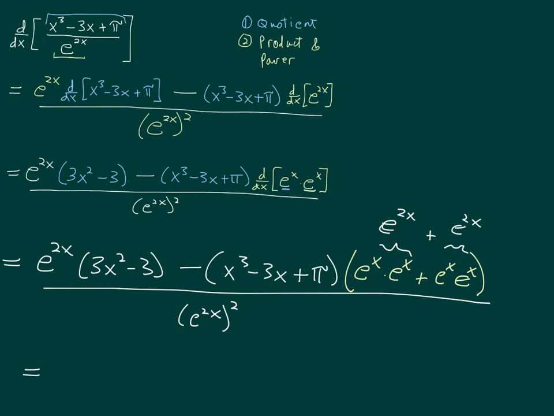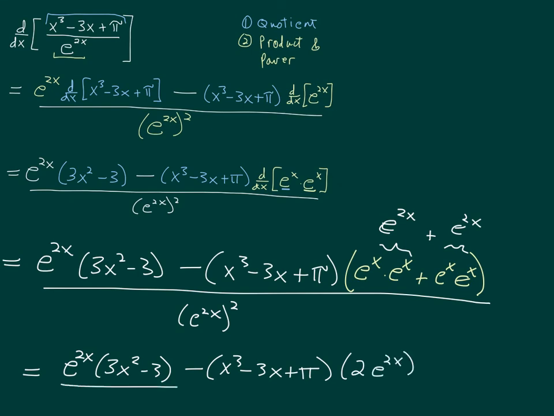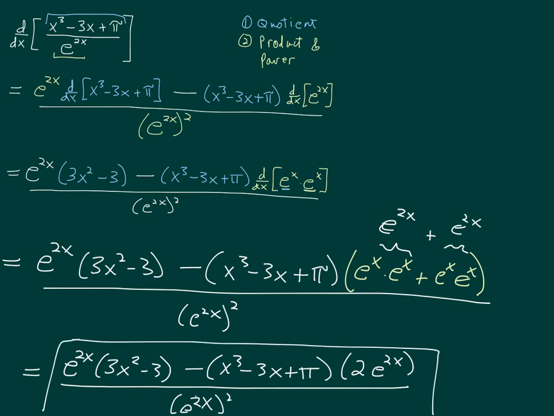All right, so in our last step, we could write this as e to the 2x, 3x squared minus 3, minus our polynomial x cubed minus 3x plus pi. Notice this is in parentheses. And then this I simplified to 2 times e to the 2x. On the bottom, we still have our e to the 2x as a quantity squared. All right, so this ends up being our final derivative.